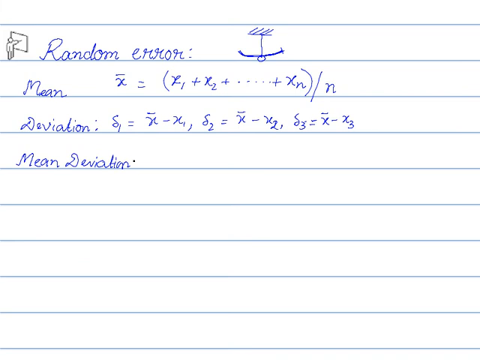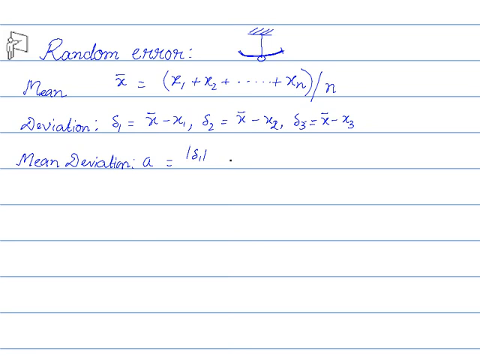Now mean deviation. Suppose the mean deviation is represented by a. Let us consider the modulus of all the deviations, meaning we will consider only the positive sign. As we know, if we add up delta 1, delta 2, delta 3, the total sum of all the deviations becomes 0.